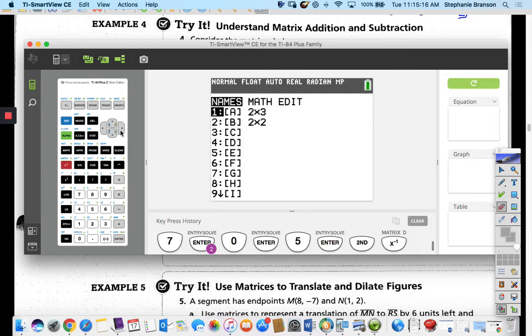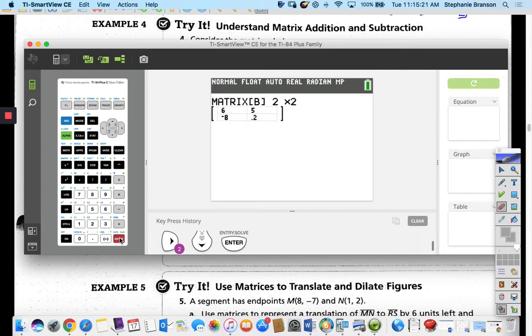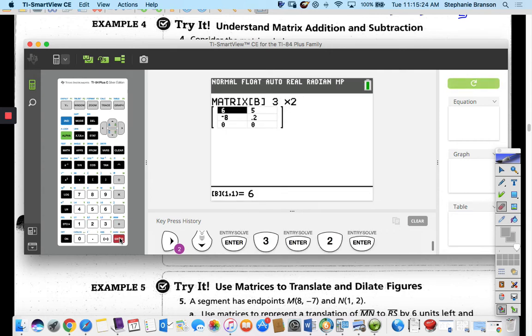All right, and I'm going to edit matrix B now. And it is a 3 by 2 because it is 3 rows and 2 columns.